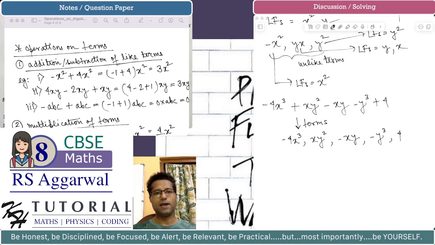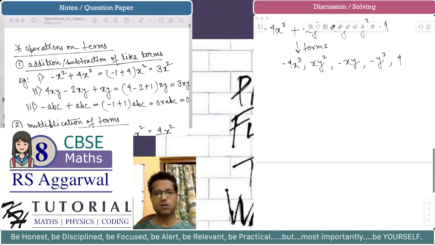Okay, so addition and subtraction of like terms. You can add and subtract like terms. So how do we add and subtract like terms? Let's say there are some like terms, let's say minus 4 x square. There are 3 like terms.